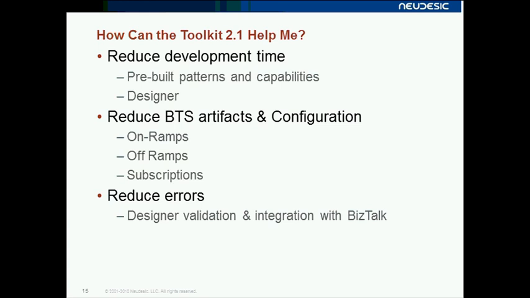Sorry about that. So I think I stopped off at the reduction of BizTalk artifacts and configuration. So really the key features there of the ESB Toolkit is the introduction of the idea of on-ramps, and really an on-ramp is really just an endpoint available.